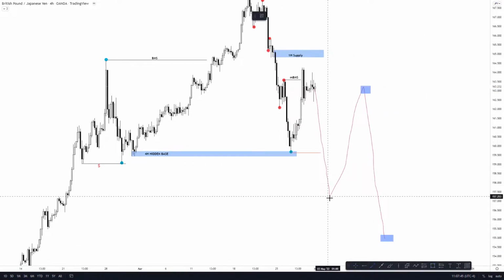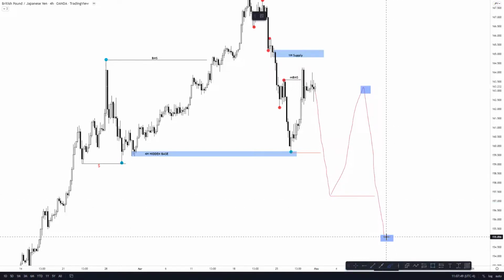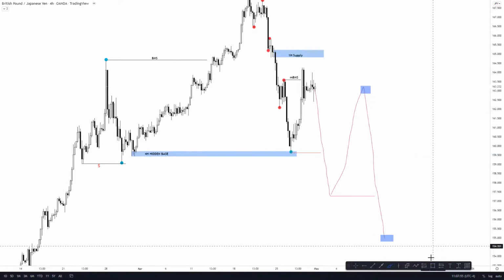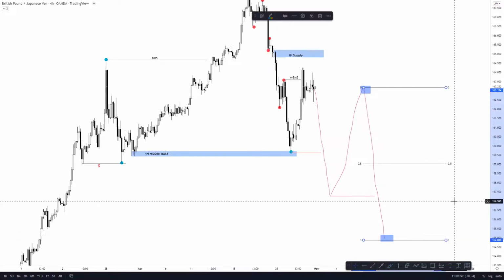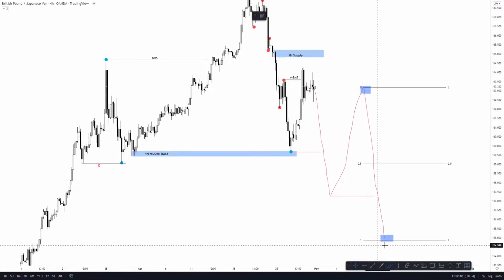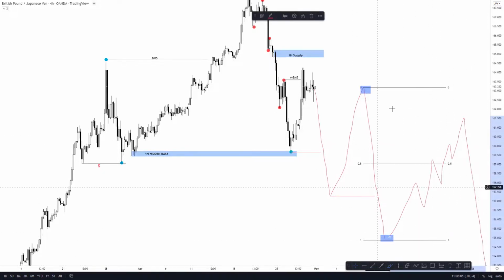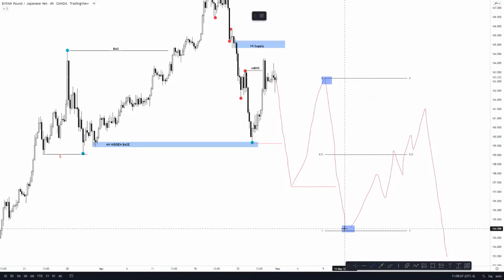So we will have another BMS here, and we will look for sells again, anything above 50% if we mark this as 50%. So this will be our other trading range.